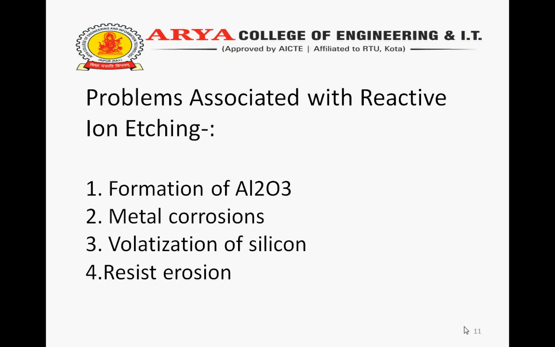AlCl3 helps in volatilizing copper chlorides. Fourth is resist erosion. The resist erosion due to Cl attack is another problem associated with RIE. To overcome this problem, a chlorine resistant resist is made.